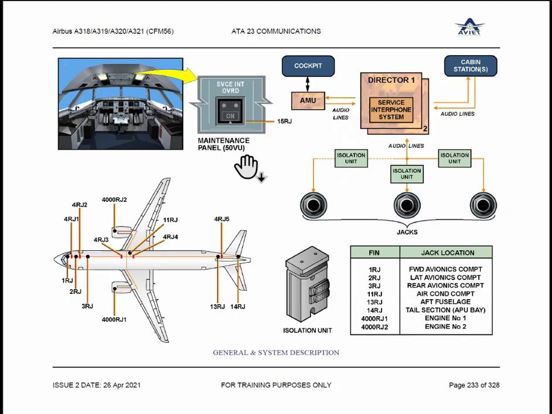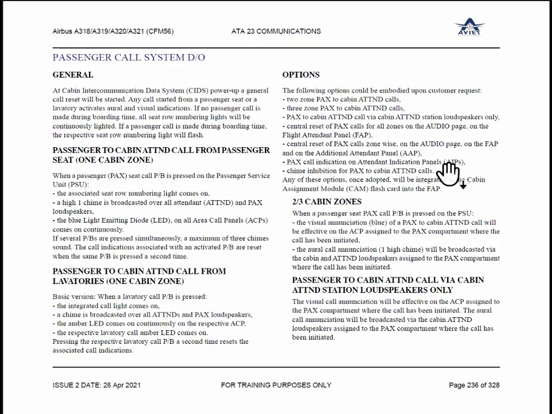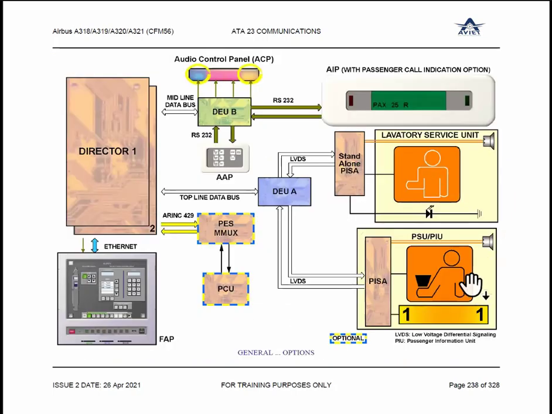Service center phone override on the maintenance panel will be used when the aircraft is on the ground, controlled by the landing gear or service center phone override. In the SITS directory, call from the lavatory, call from the seat.